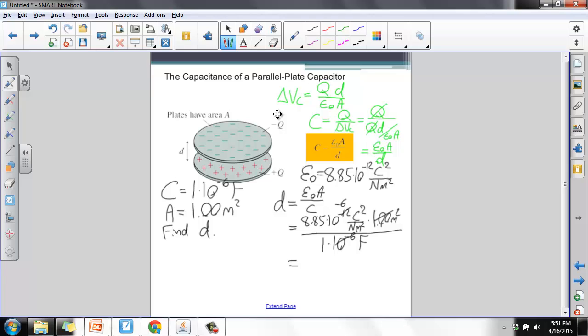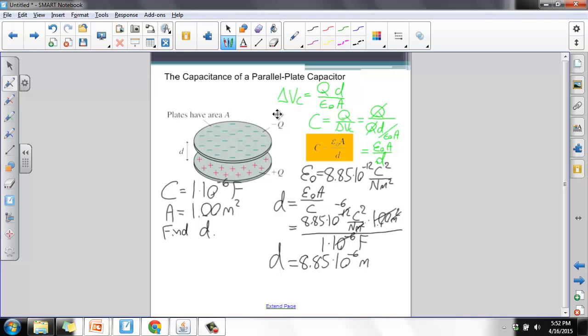That's just 1 meter squared there. And so this will leave us with 8.85 times 10 to the minus 6 meters. We didn't complete canceling out those units, but they should cancel out and give us proper SI units for distance. So this is 8.85 micrometers, so a very small distance. So a parallel plate capacitor by itself is a pretty inefficient way to create a capacitance.